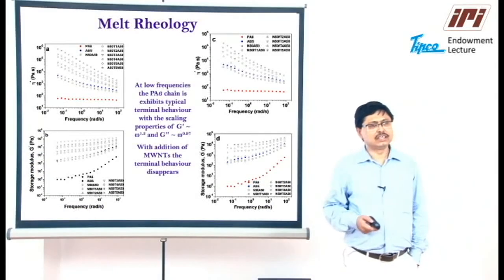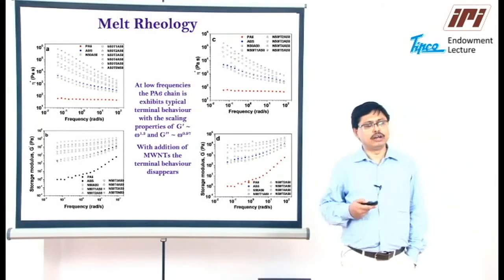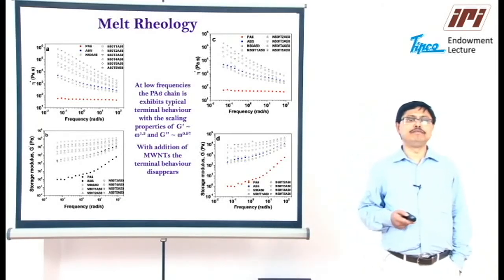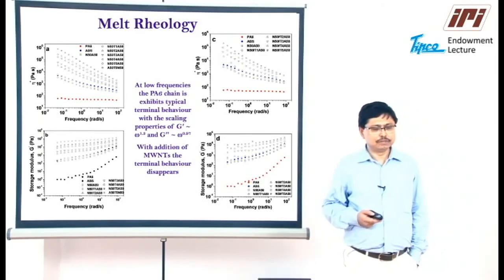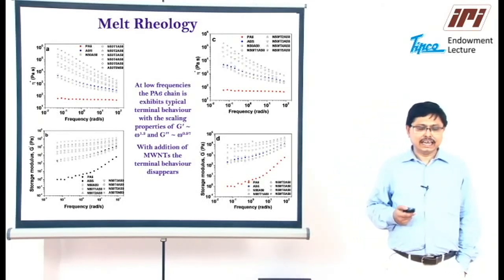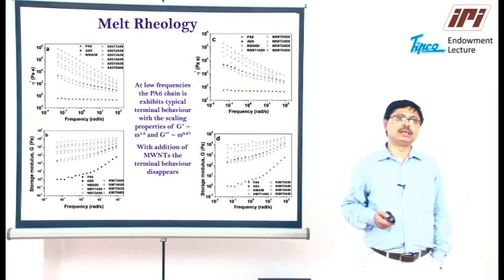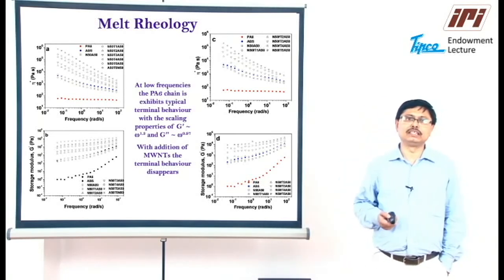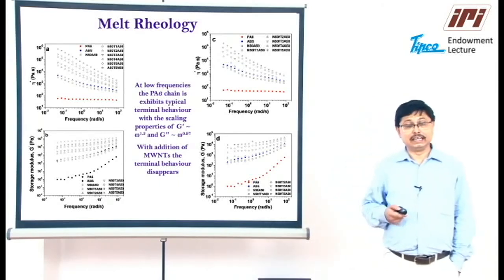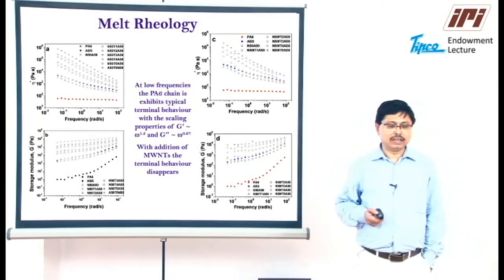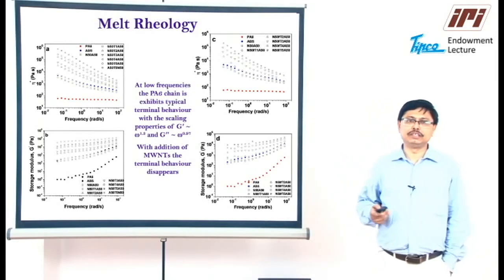The melt rheological characterization shows how the nanotube can alter the flow behavior of the polymer melt. We know from the rheological measurements that there is a scaling law: for G prime, the storage modulus, and G double prime, the loss modulus, you can find terminal behavior in the low frequency region, and one can find how they are correlated with the frequency.